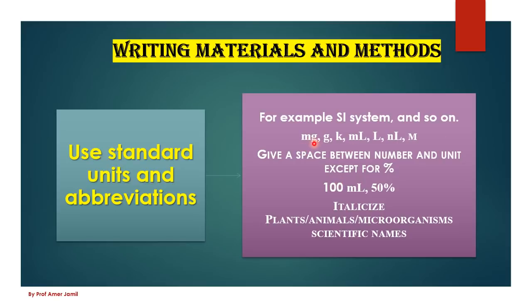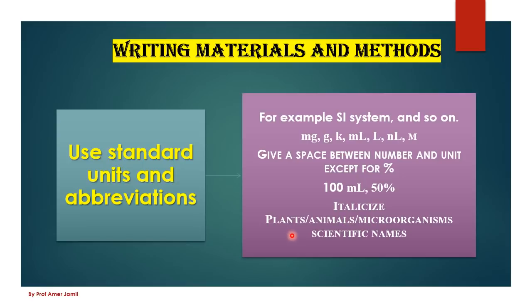For example, milligram, gram, k for kilo is small, L for liter is capital, as in milliliters, so L is capital. Molar is neither small nor capital. Similarly, you must give a space between number and unit, like 100 ml, so there is one space, except for percentage. For percent, you write it down like that.